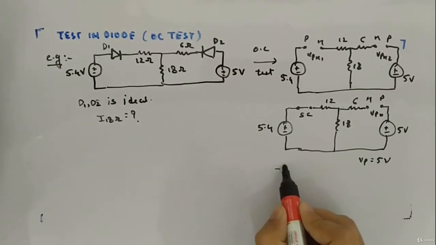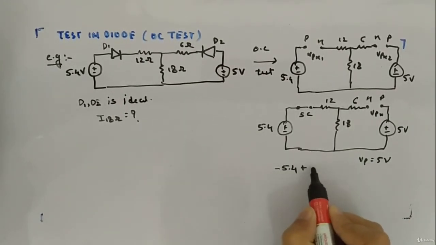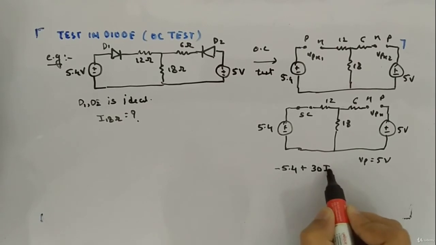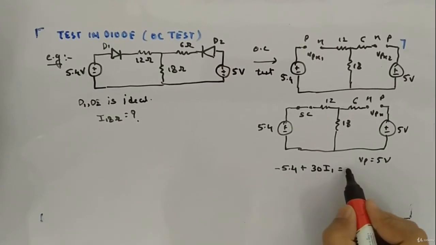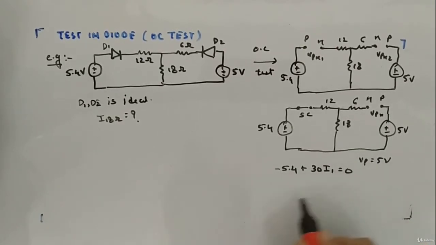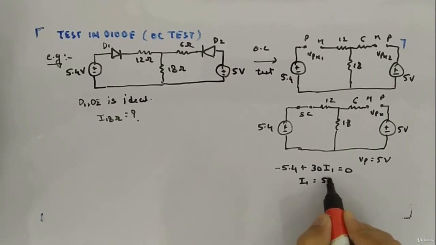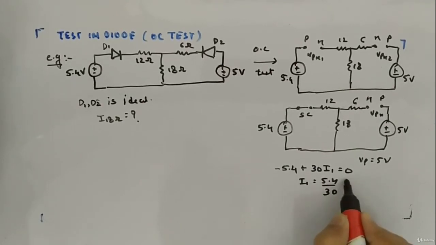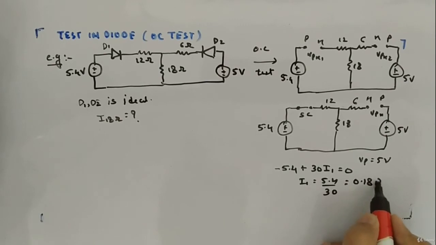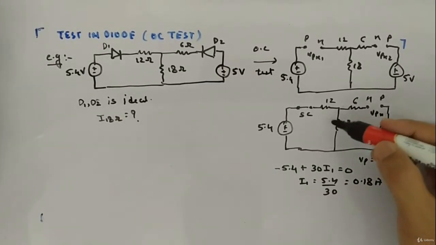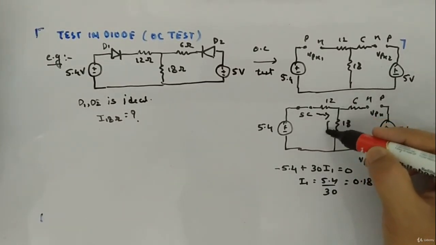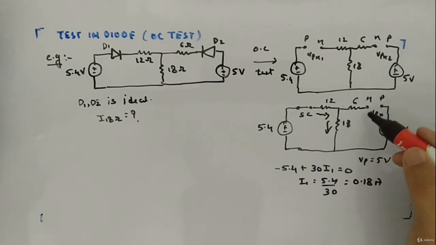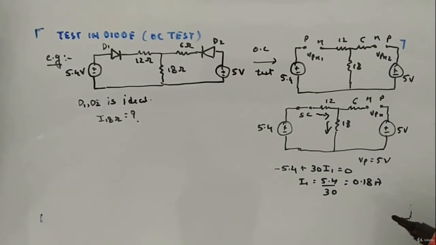If you apply KVL, 5.4 minus 30 I1 is equal to 0. I1 will be 5.4 divided by 30, that is 0.18 ampere. This will be the current flowing through this branch, since no current will be flowing in the open branch.